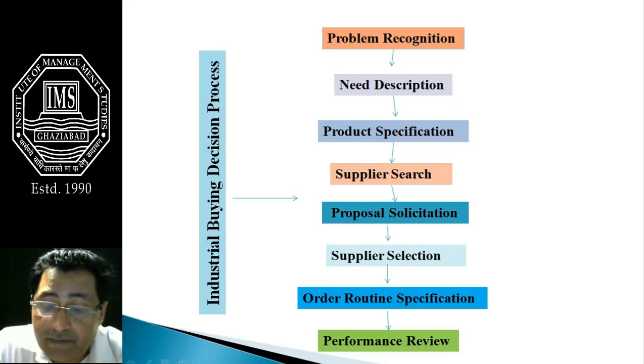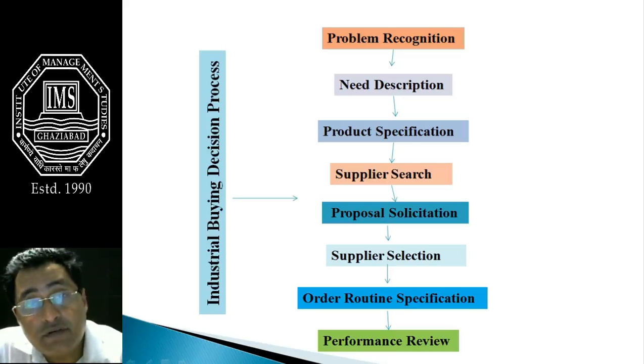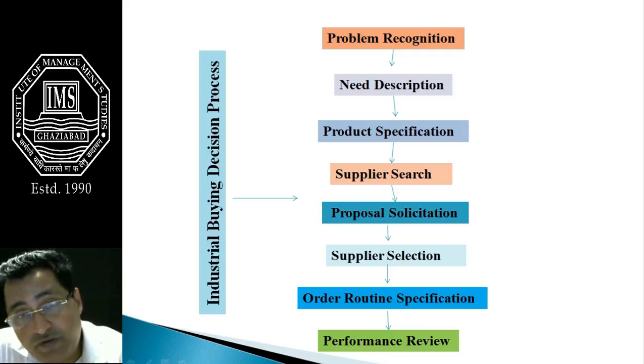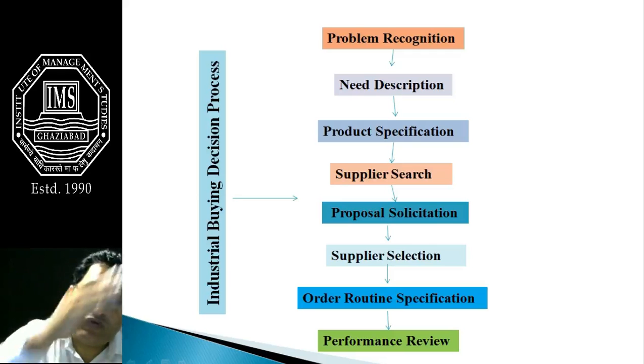Because a problem understood is a problem half solved. So how are you going to make your difference in terms of competitors? You will have to understand the problem. Once you understand the problem, that will work as an inverted pyramid.